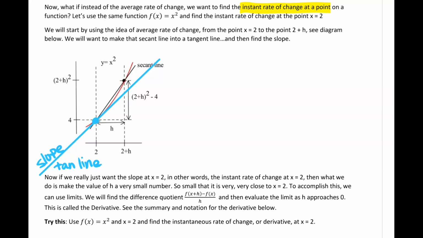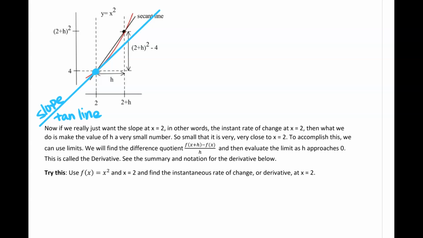So we're going to start with our difference quotient. Okay, so we're going to start with this difference quotient formula, and then we're going to let this value of h, remember h is the distance from our starting point to our second point, become really small.